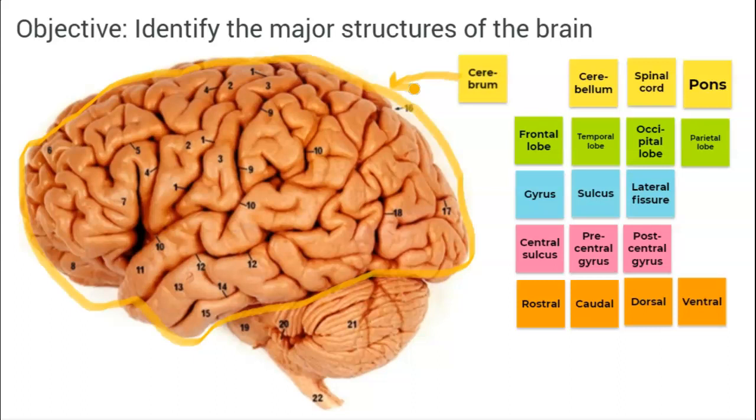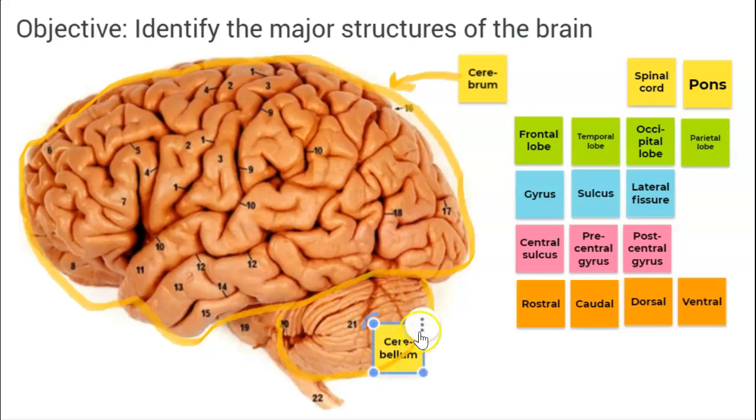The cerebellum looks similar, except it's smaller and it has smaller folds. So the cerebellum is at the back of the brain here, the back and the base of the brain. And the numbers correspond to some things, but there are some numbers there that I'm not going to require you to know, just because that gets into too many details for right now.